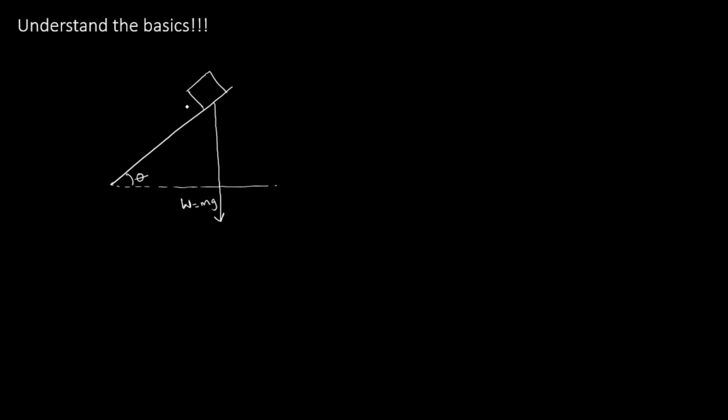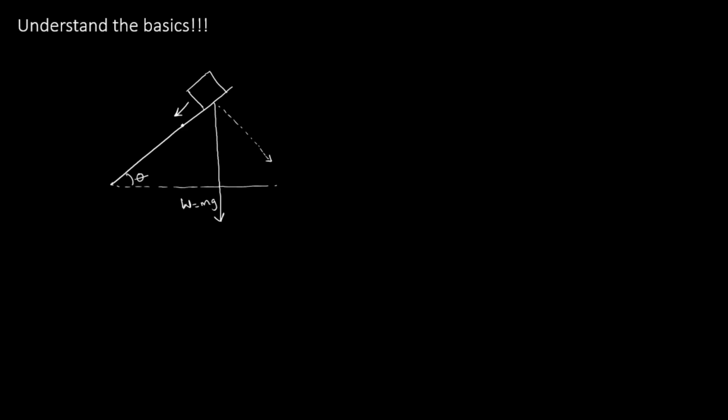And then we also would need to know its component, that's the component of the weight parallel to the plane, or the component of the weight perpendicular to the plane. In fact, for most questions, we might need to know both. Some questions will need us to know one, some will need us to know both. So how do we find them?